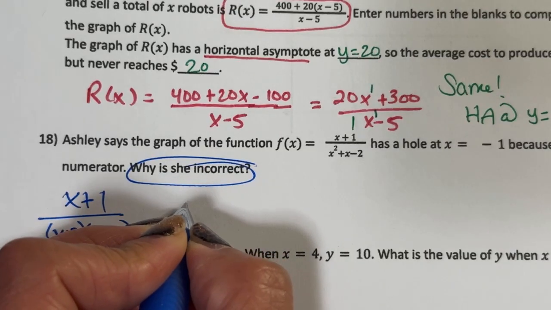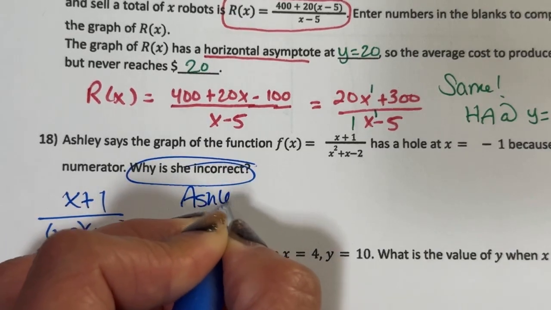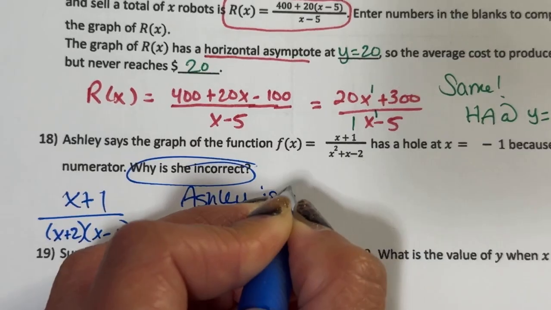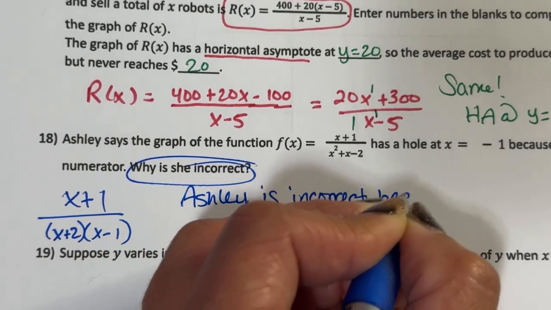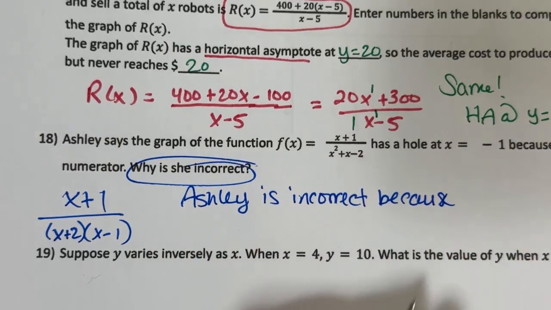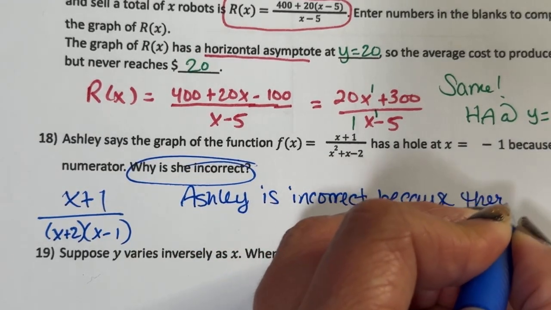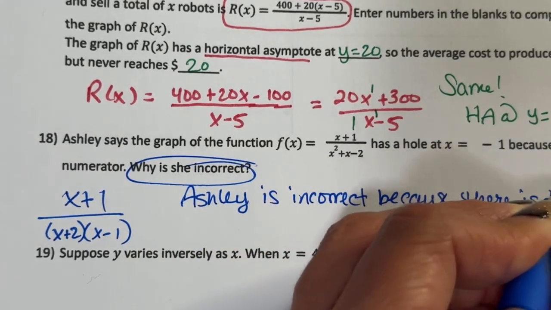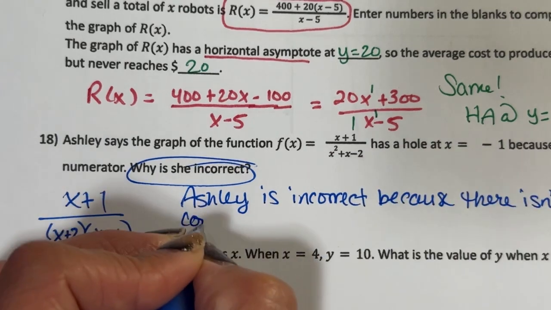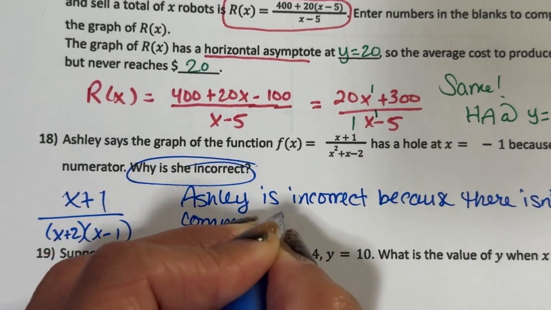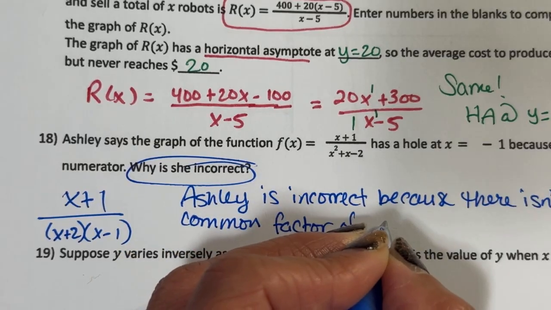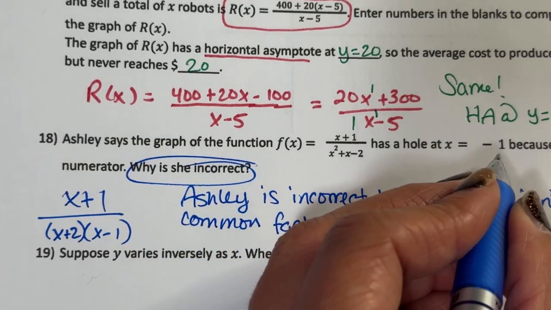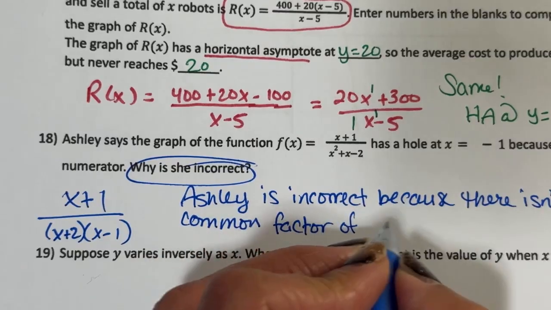So we can say Ashley is incorrect because there isn't a common factor of, well, that would be when you add it to the other side, that would be x plus 1.